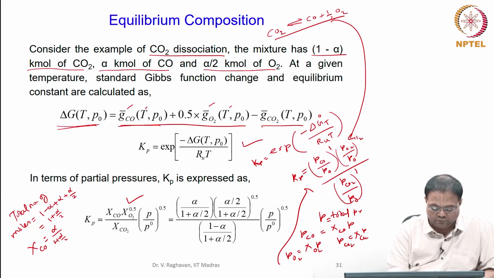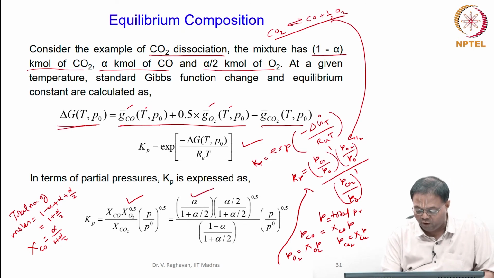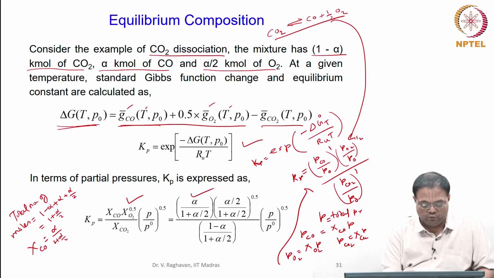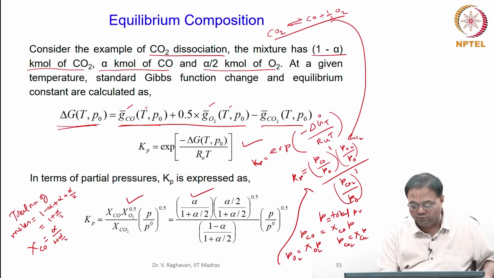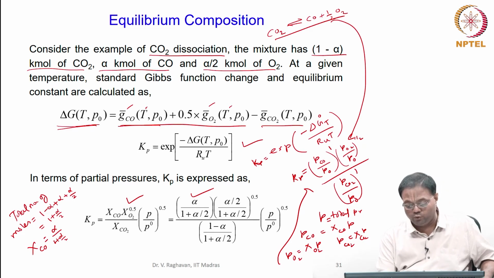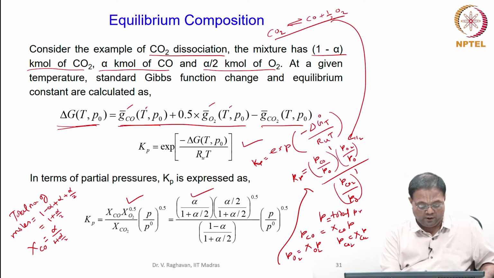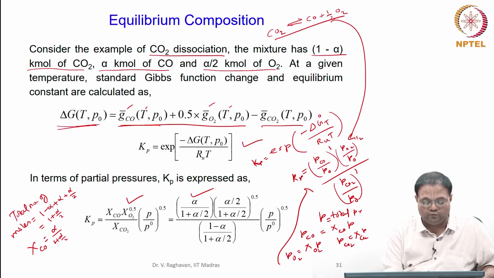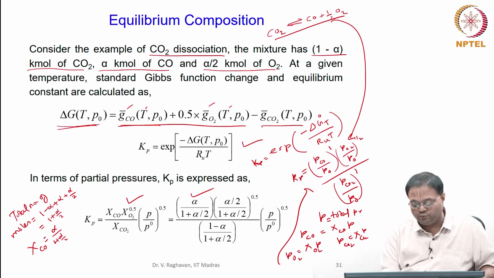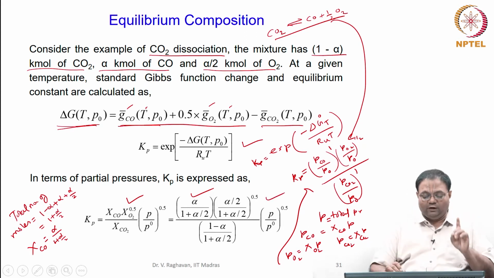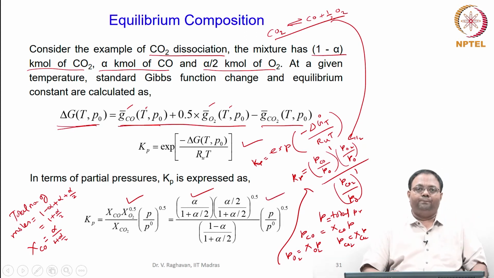Similarly, you can substitute for other things, and you can write this in terms of alpha. So alpha by 1 plus alpha by 2 is the XCO. XO2 is alpha by 2 divided by 1 plus alpha by 2, power 0.5. Similarly, the mole fraction of CO2 is 1 minus alpha divided by the total number of moles, 1 plus alpha by 2. So if you write that, then you get a non-linear equation in alpha.